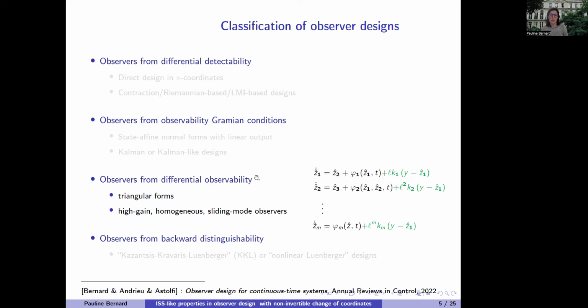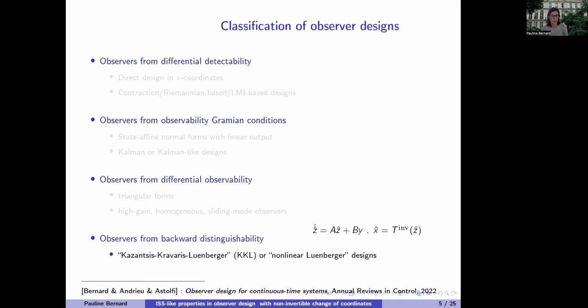And in those coordinates, the dynamics are triangular, like this. And so you have a lot of designs, the high-gain designs, very famous, homogeneous, and all the sliding mode literature with the sliding mode differentiators. And the idea basically is just to add a correction term here, which can be either linear or homogeneous. And you have a gain L here that is pushed sufficiently large so that you compensate for the nonlinearity.